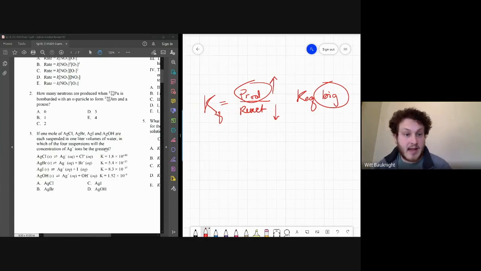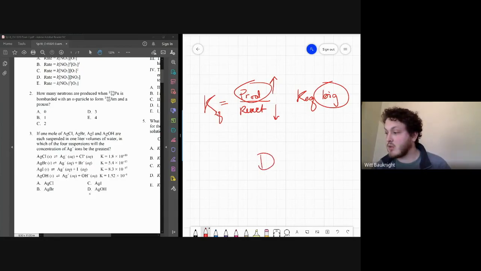Well, looking at our K values, we see that K equals 1.52 times 10 to the negative 8 is the largest of the K values on here. So that is why when we start off with AgOH, we are going to get the largest amount of Ag plus as we possibly can.